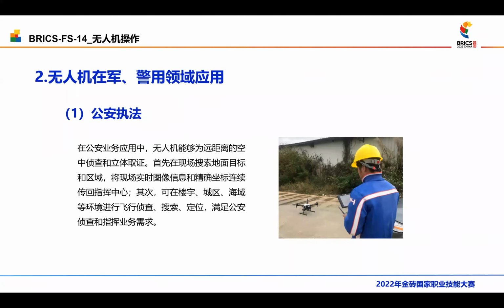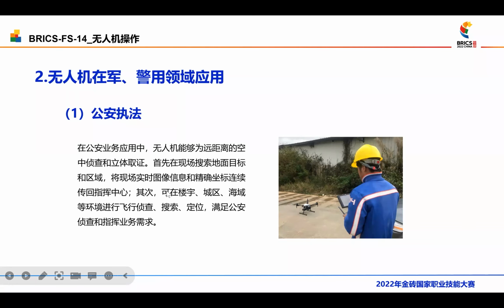Next, let's get to know the application of drones in the military and police spheres. Firstly, is public security law enforcement. In the application of public security business, UAV can provide long-distance aerial investigation and three-dimensional forensics.